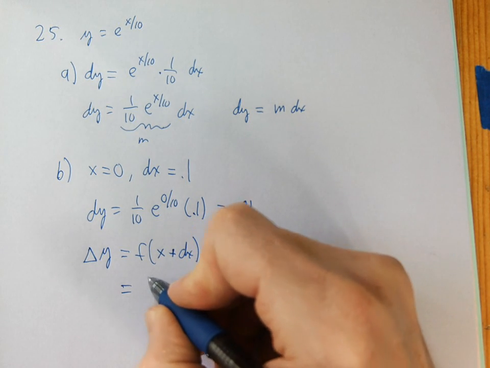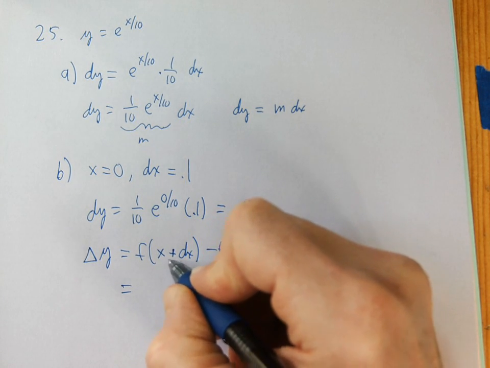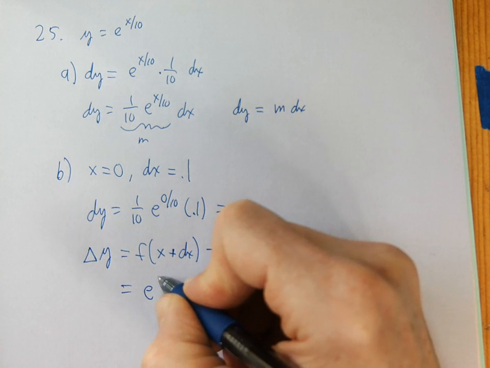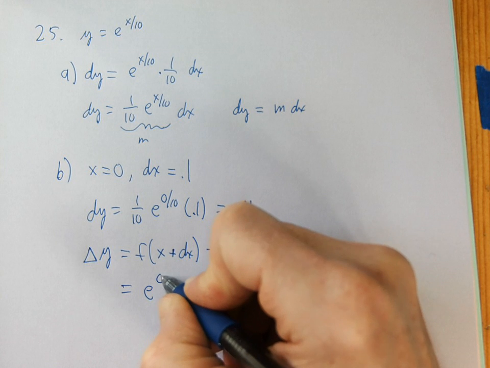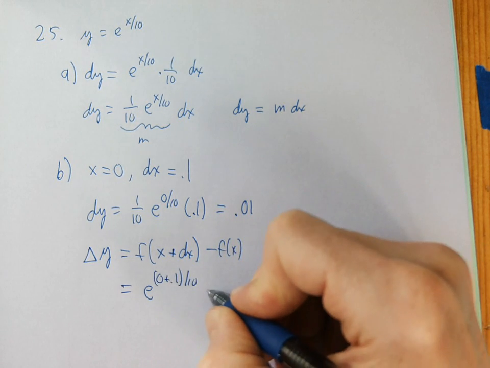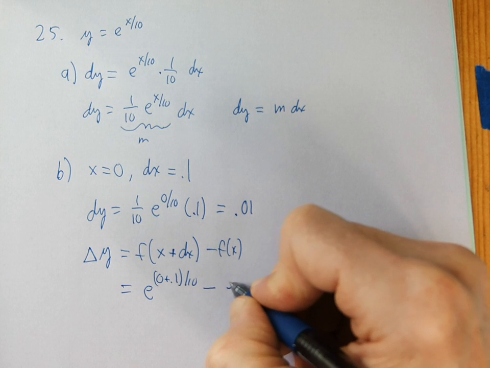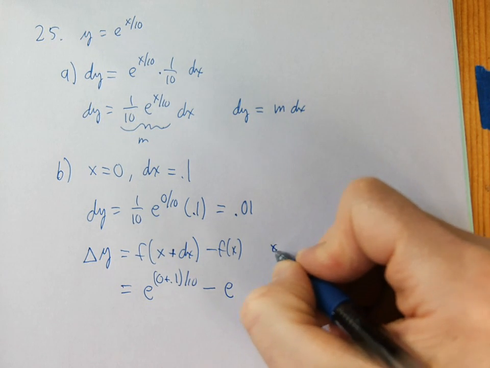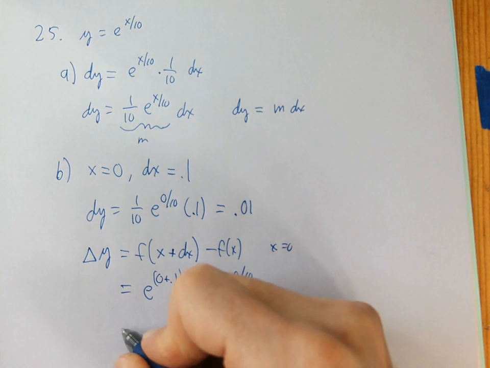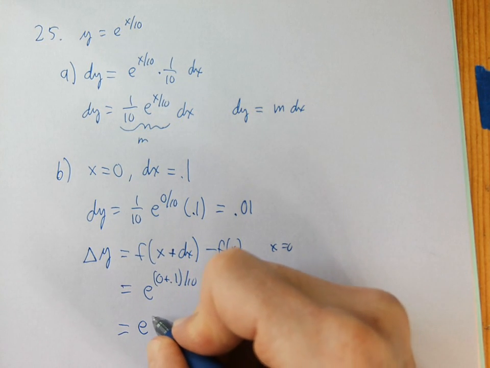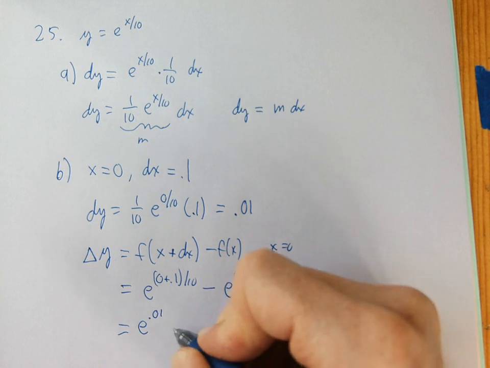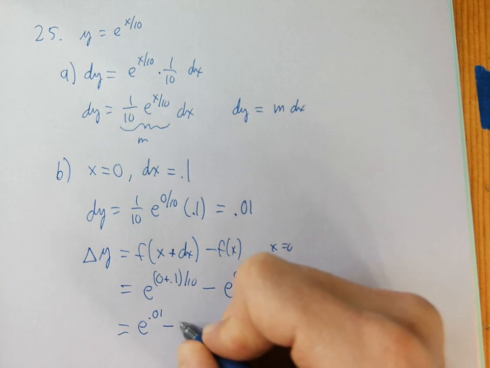Okay, so our x plus delta x is 0 plus 0.1. So our function, e to the 0 plus 0.1 divided by 10, minus our function at x, which is e to the x over 10, where x is remember 0, so e to the 0 over 10. Okay, so that's e to the 0.1 over 10, which is e to the 0.01, minus e to the 0, which is 1.